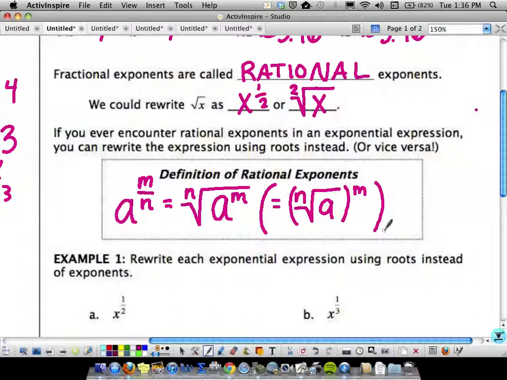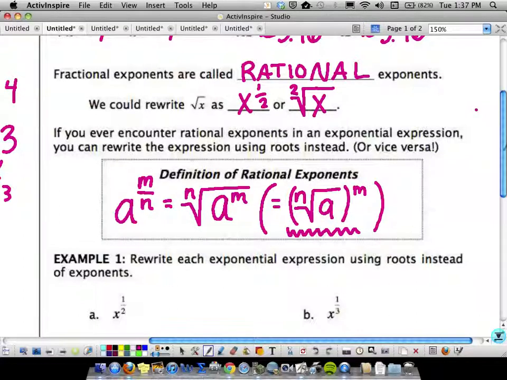So that's an alternate way of writing things. And that way of writing things won't come up as often, but it's still something I want you to be aware of. So a to the m over n is the same thing as the nth root of a to the m, or we could write it as the nth root of a, all raised to the m.